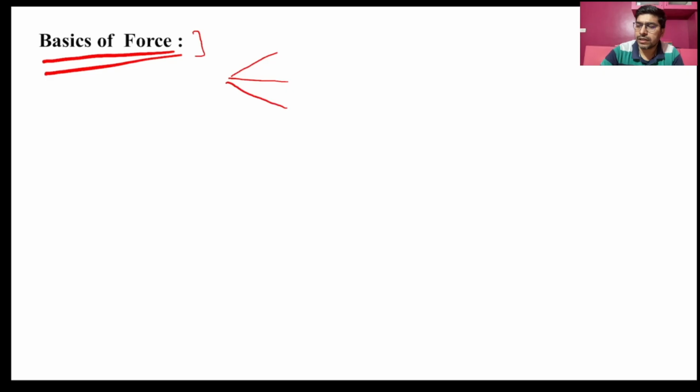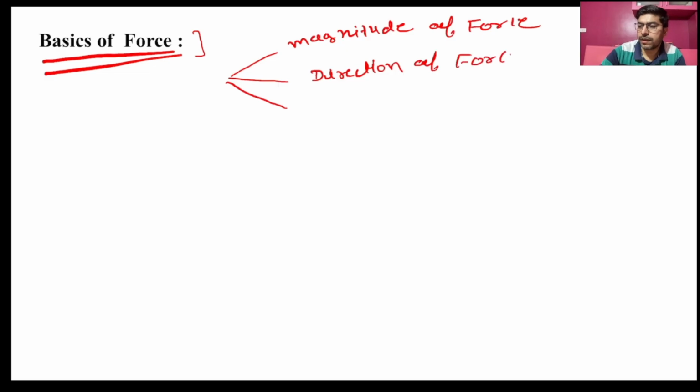The first is the magnitude of force, second is the direction of force, and third is the point of action.